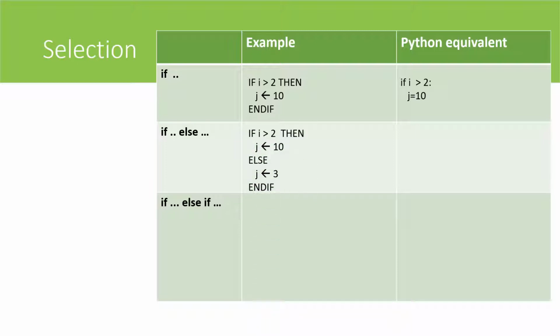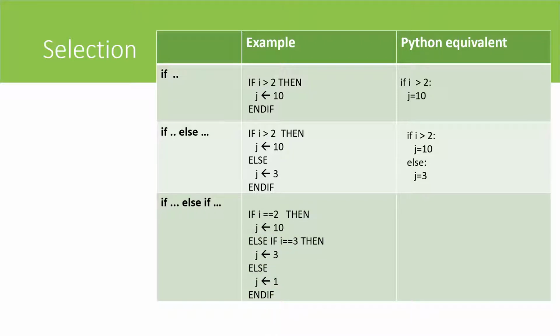Then an if statement with more clauses: again, we use if, then, and then else, and we finish it off with end if. And again, the Python equivalent is also given, and an if, an else if, and an else clause is given in this final example. And again, the Python equivalent.